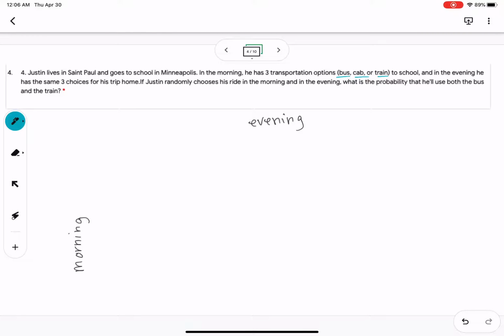So in the morning, he could ride the bus, the cab, or the train. In the evening, he could ride the bus, the cab, or the train.